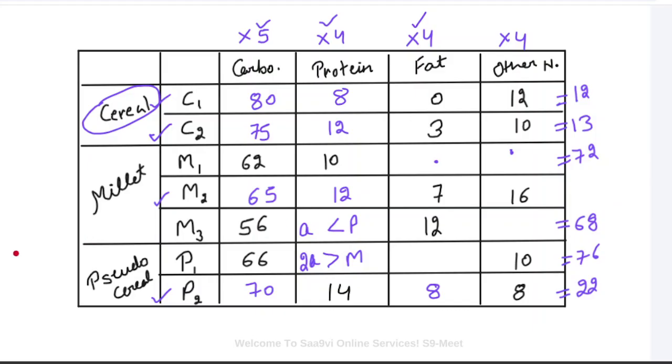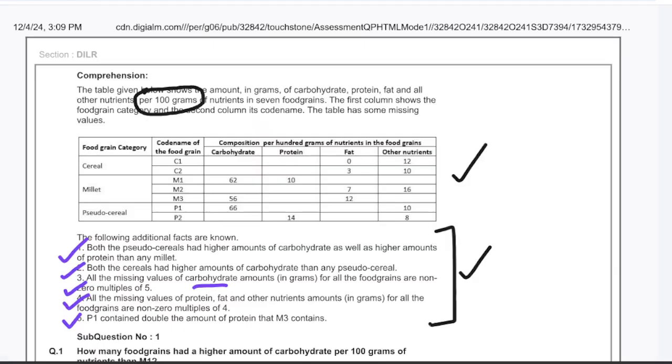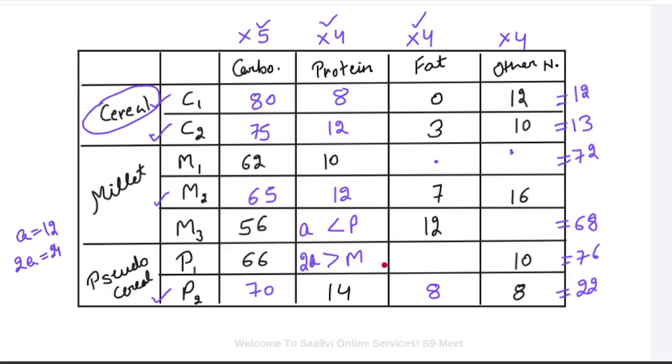If I take A equal to 12, then 2A will be 24. Now, if this is 24, then fat has to be 0, but they mentioned in the question that they are all non-zero multiples of 4. So that can't be 24. This can't be 12. So A cannot be 12.